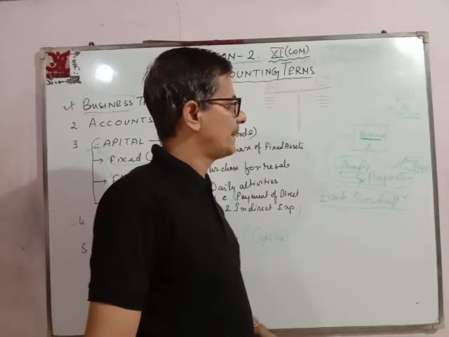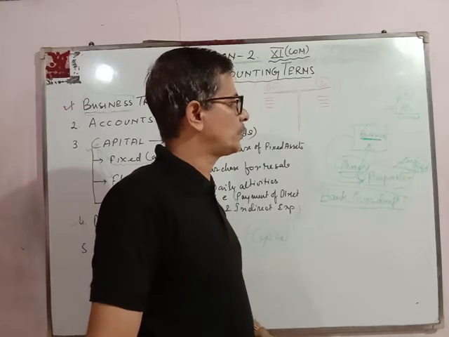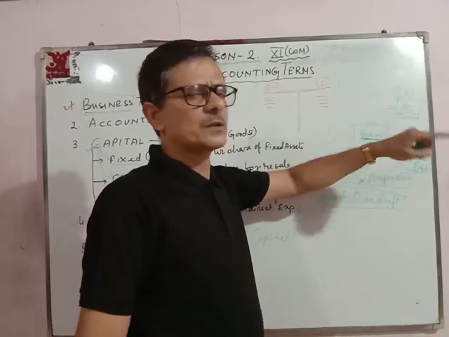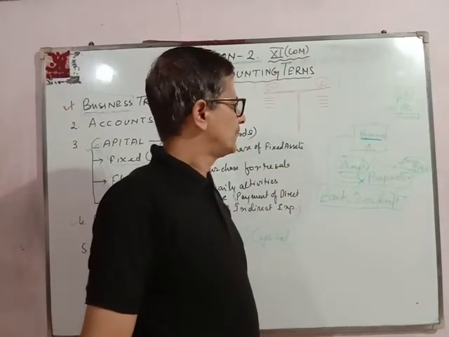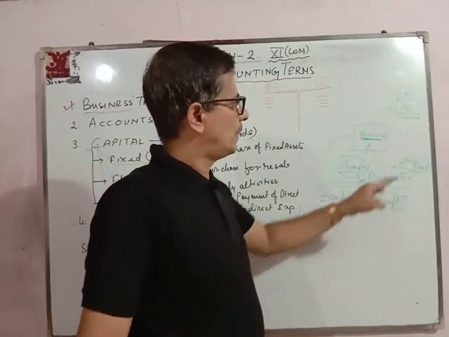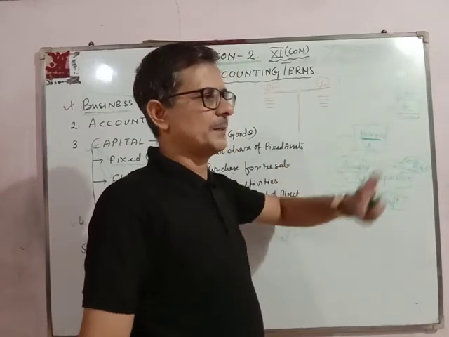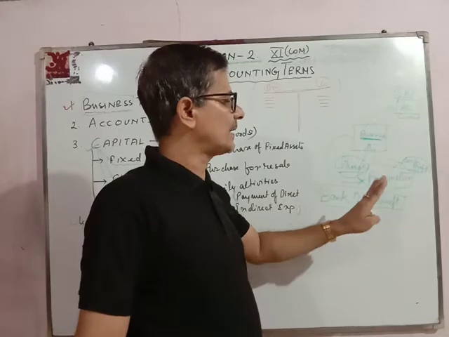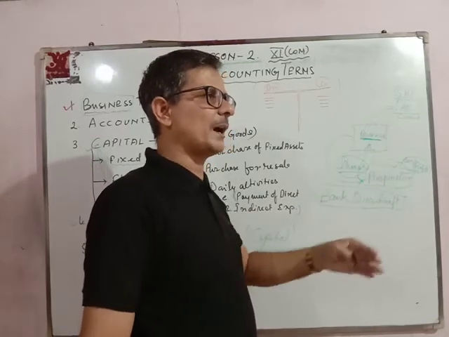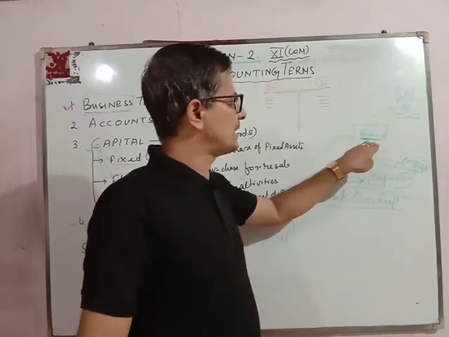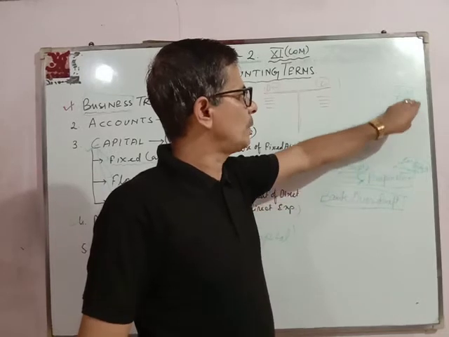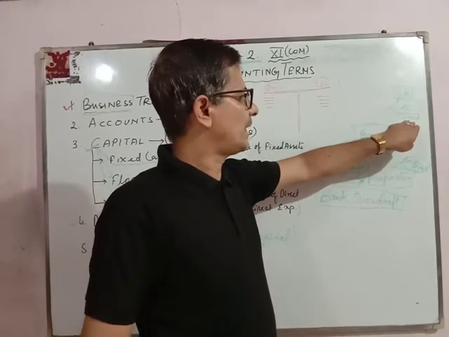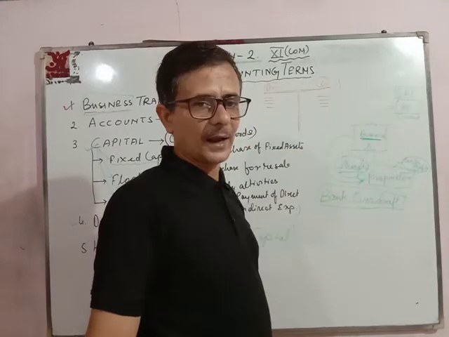But for business purposes, we need to open a current account. I'll explain the difference between the savings account and the current account later on. So we people open a savings account for ourselves, and for business you need to open a current account, and this business has created a current account in the SBI bank.